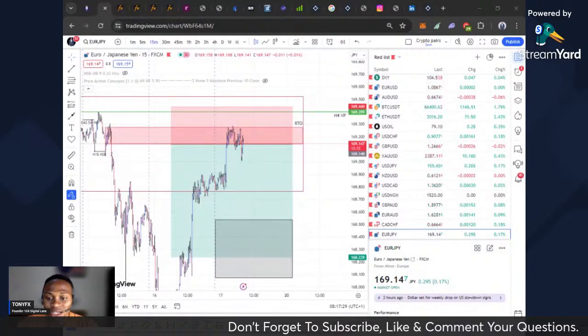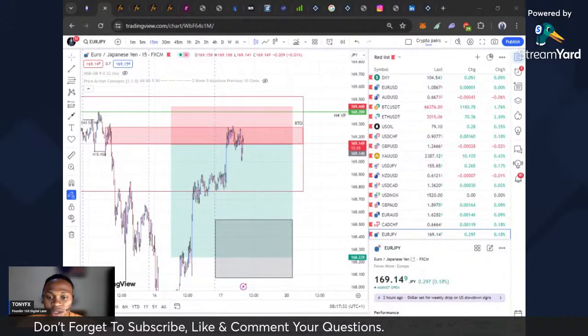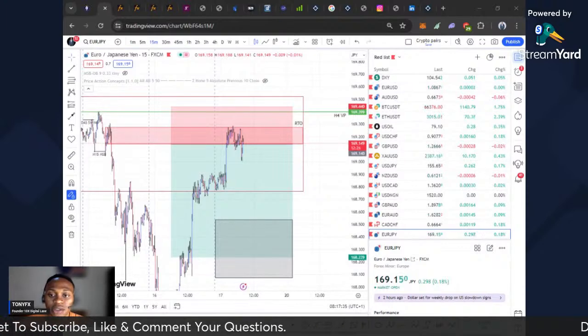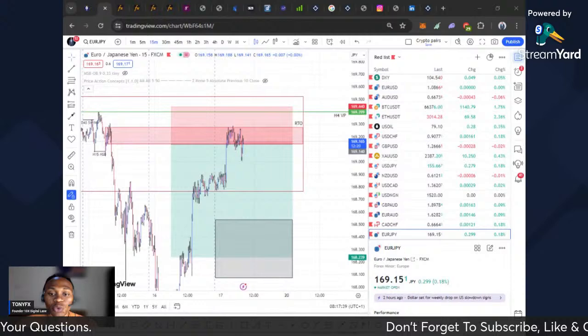So these are the 3 session overlaps, and it gives Simeon his answer of when to know there's high volume and liquidity in the market.